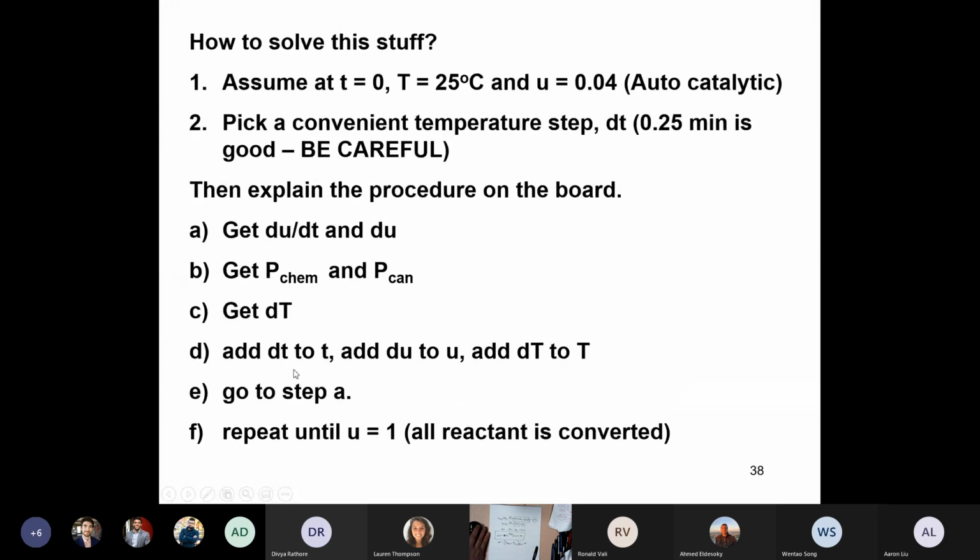And then you add the change in time to the original time, the change in U to the original U, the change in temperature to the original temperature, and you go back to the beginning, and you just keep repeating all this until all the reactant is converted at U equals 1. So it's straightforward with a spreadsheet calculator to solve these equations.